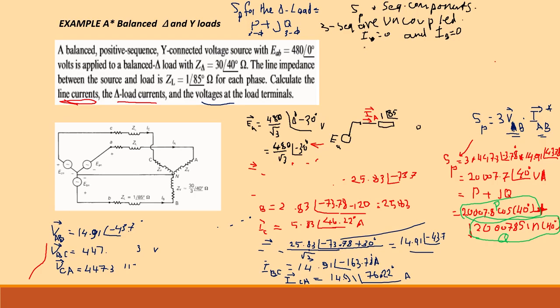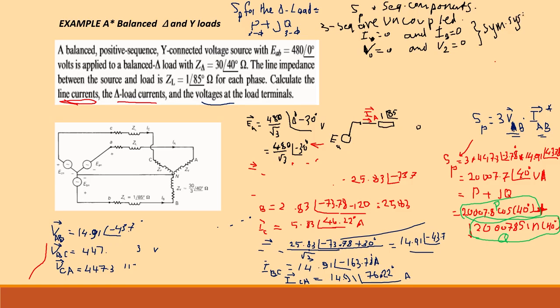Since I naught is equal to 0, it means that V naught is equal to 0 and V2 is equal to 0. The zero sequence and negative sequence quantities are 0, and this is for the symmetrical system only.